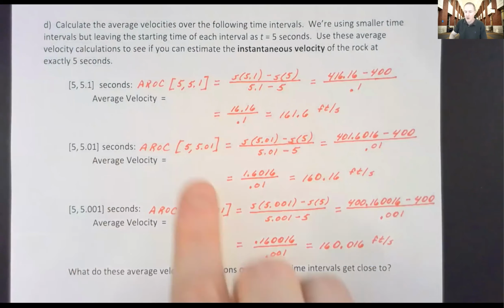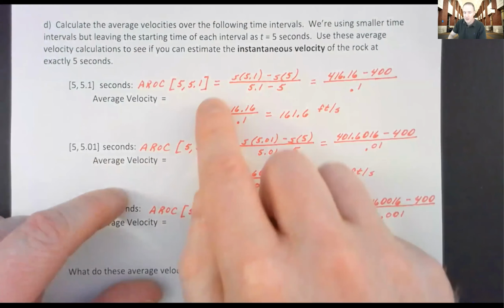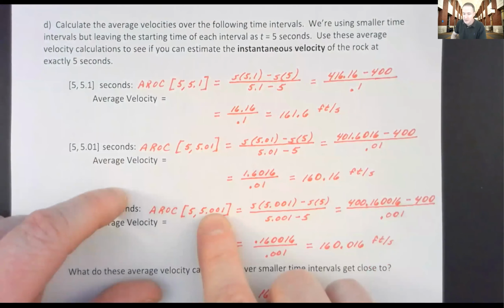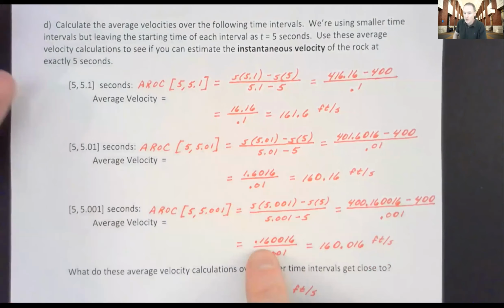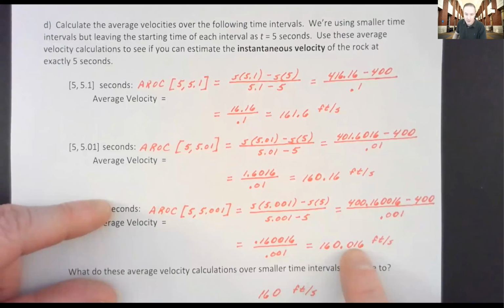So I can see, okay, the more I narrow this time interval, 1/10 of a second, 100th of a second, 1,000th of a second, here at 1,000th of a second, it only moved 0.160016 feet. But when you divide that by the 1,000th of a second, you can see that your average velocity is 160.016.